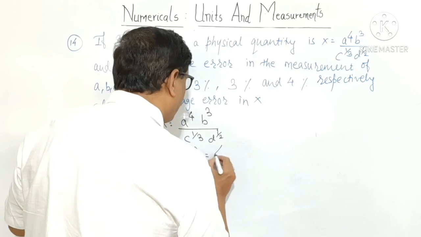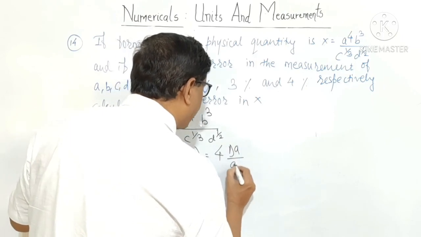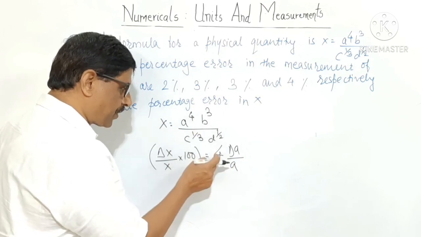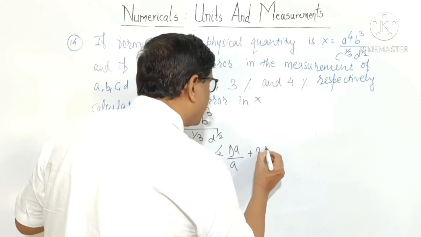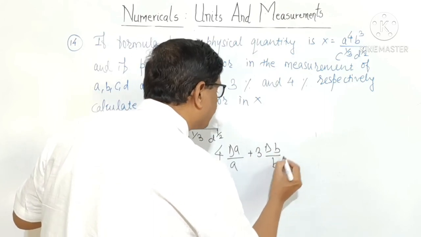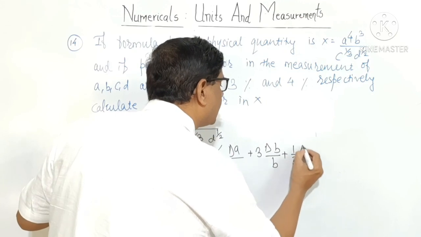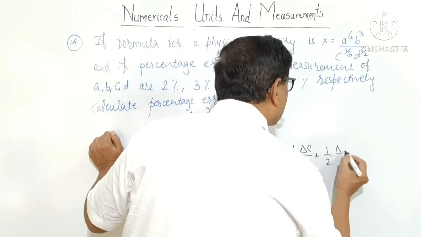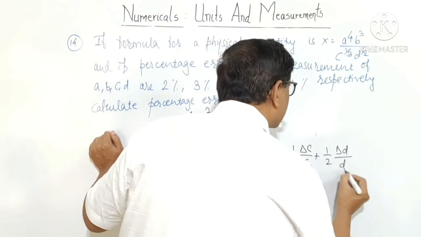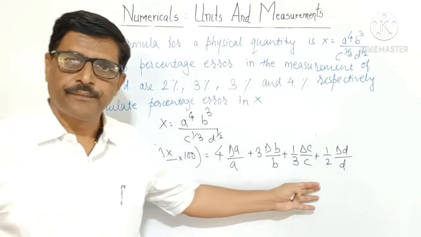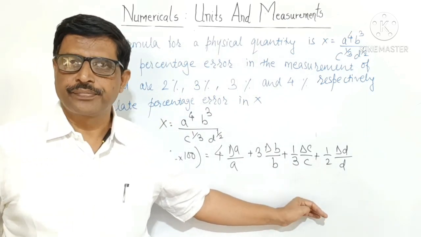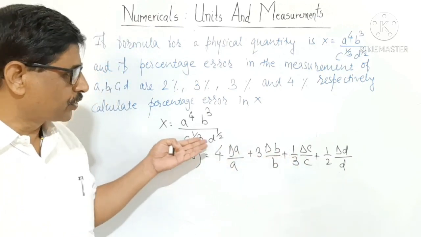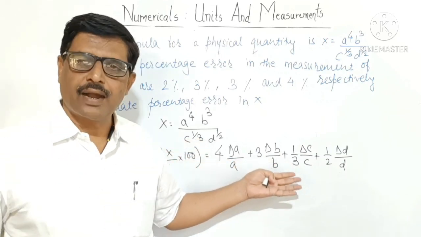Thereafter it is 4 delta A by A, which is the relative error in the measurement of A, and as it is to the power 4, it should be 4, plus 3 delta B by B plus 1 by 3 delta C by C plus half delta D by D. This is the formula that we get here. It's very simple because relative and percentage errors are additive. Therefore, though those are in the denominator, you should take them as an addition.